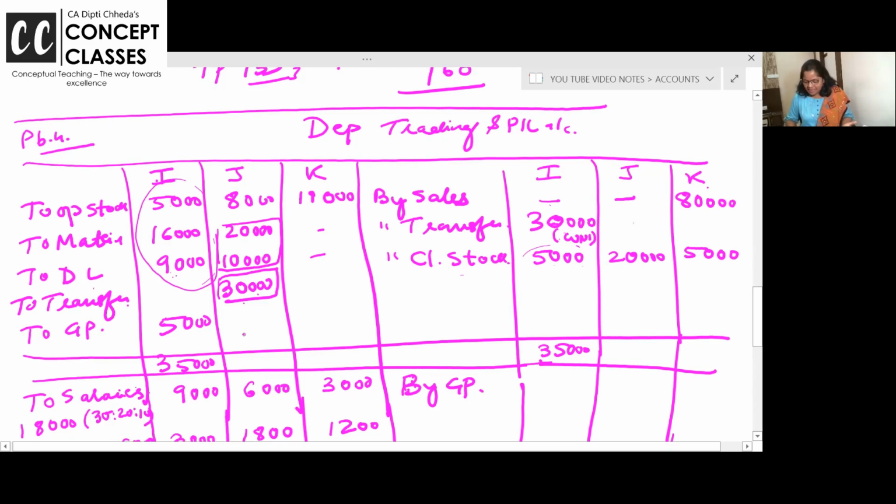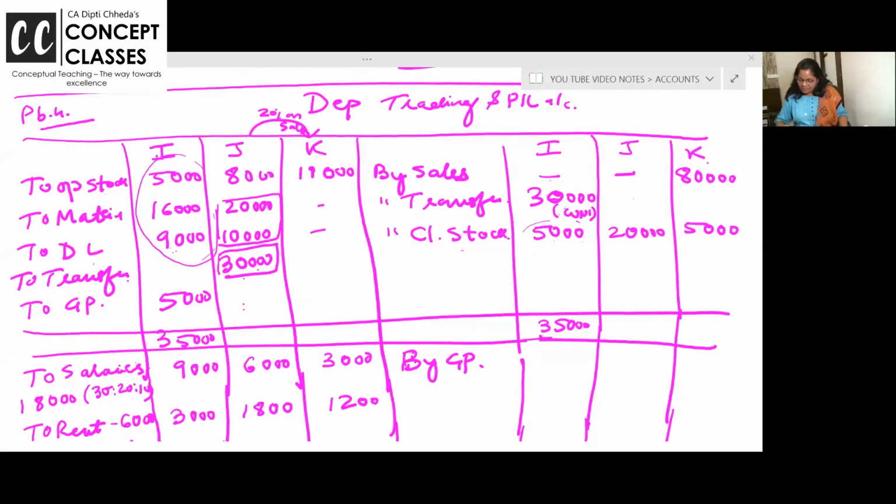Will you all try it? I'm keeping the screen here and I'm waiting for all of you. Equation I'm again saying, J to K. If you want, write it. J to K, it is 20% on sales. So can you get the figure of GP and transfer? Do it in your working notes.